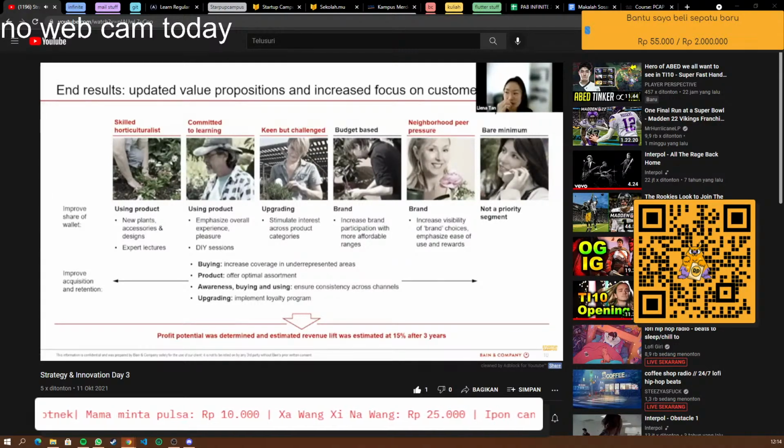Oke, so mungkin saya ada pertanyaan ya. Kalau misalnya untuk some of your startup, bagaimana teman-teman bisa lihat atau menggambarkan siapa sih customer segment untuk startup teman-teman?